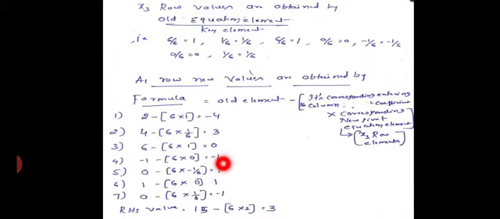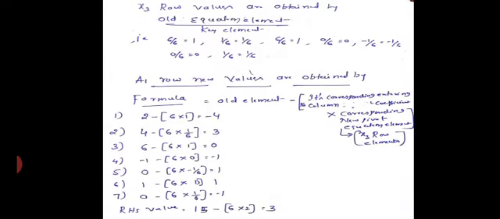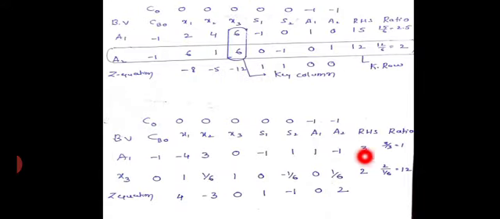If you're going to get 1, like that you need to calculate for all the new variables for the A1 row by using this formula. If you solve this, you're going to get minus 4, 3, 0, minus 1, 1, 1, minus 1. Similarly for the RHS value, you're going to get 3 for this also. Understood? You got 3 values.